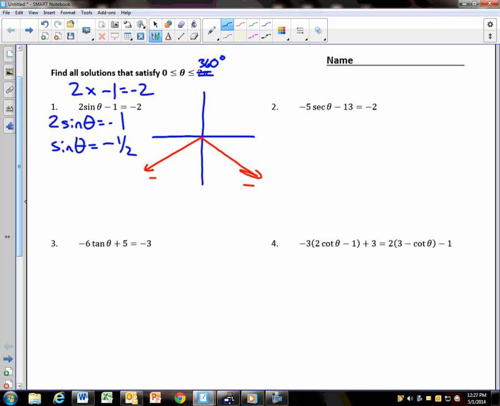Let me show you mathematically what's happening to this part here. We are trying to solve for theta. What has to move in order to solve for theta? Sine. If there was a 2 in front of the x, you would divide by 2, right? Because dividing by 2 is the inverse operation of multiplying by 2. Well, the inverse operation of sine is sine inverse.